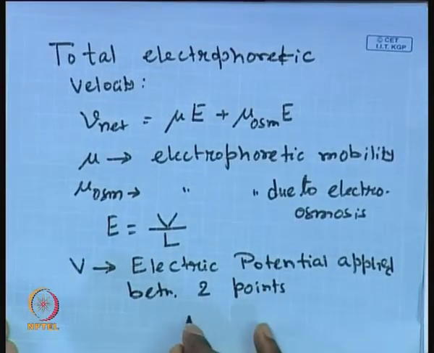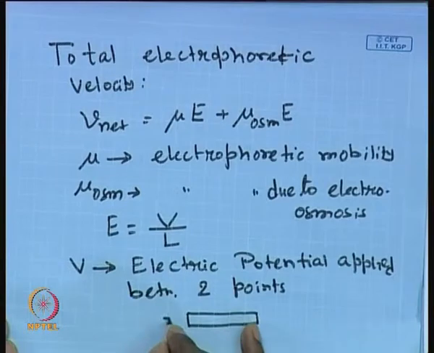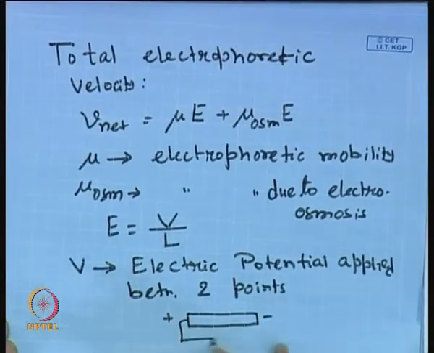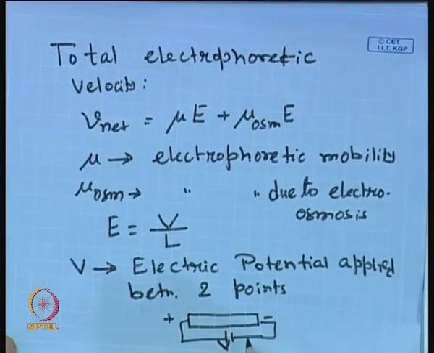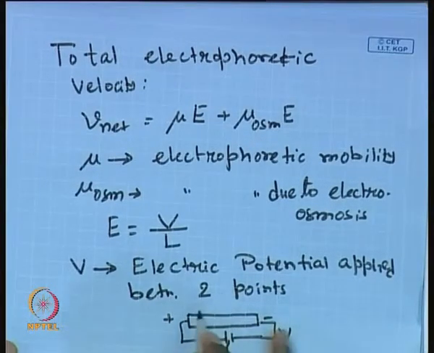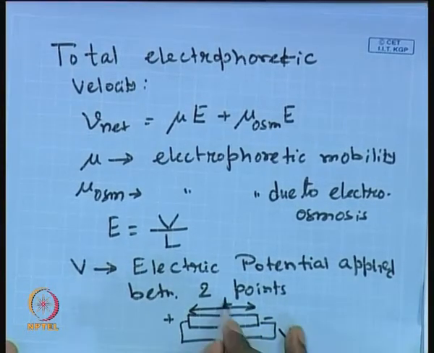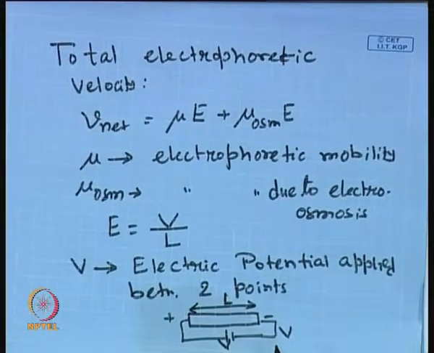If I have a cell, with one side the cathode and the other the anode, and you apply an external voltage V between the 2 points, with this length L, then the electric field strength is given by V by L. V comes from an external power supply, either a battery or some voltage supplier.